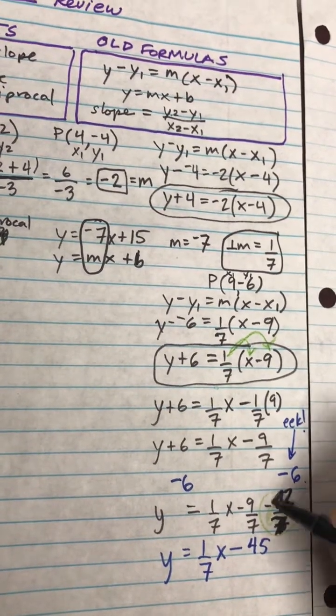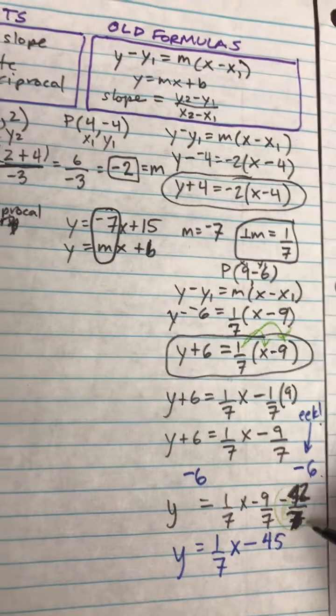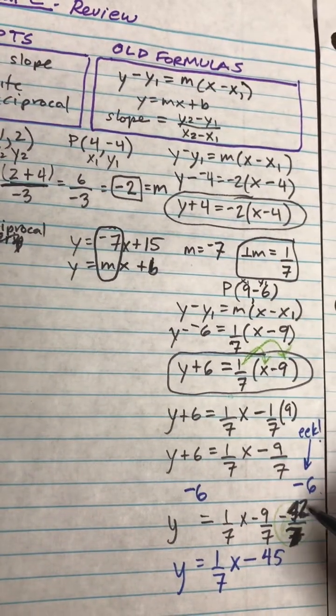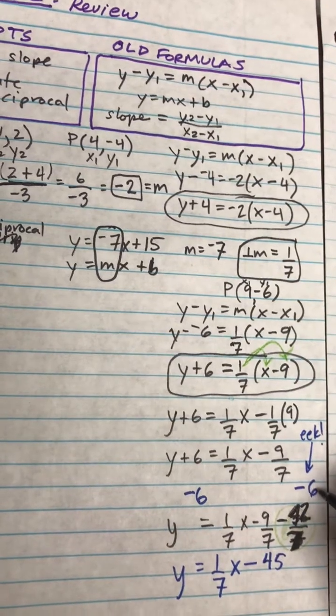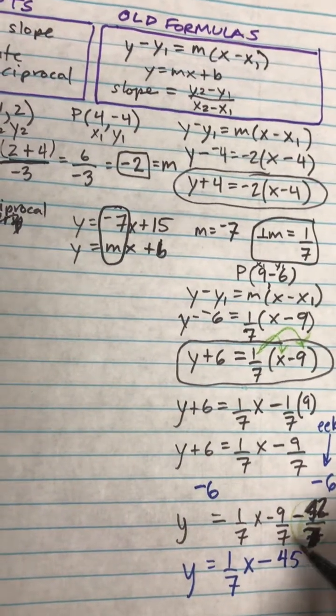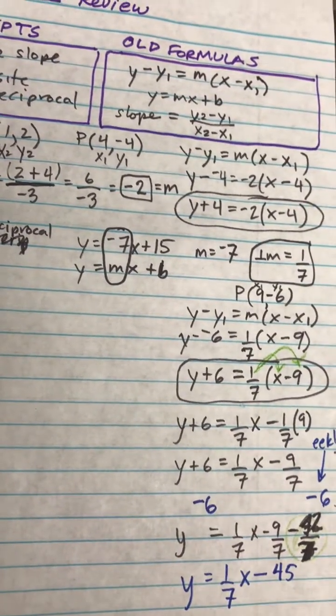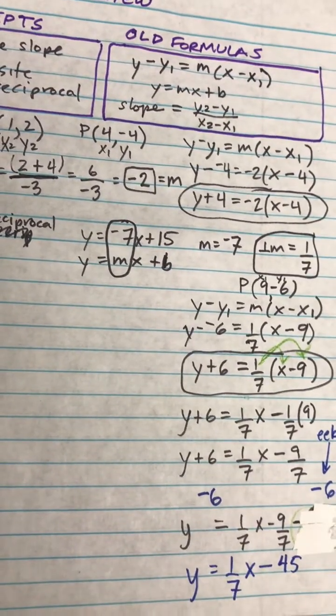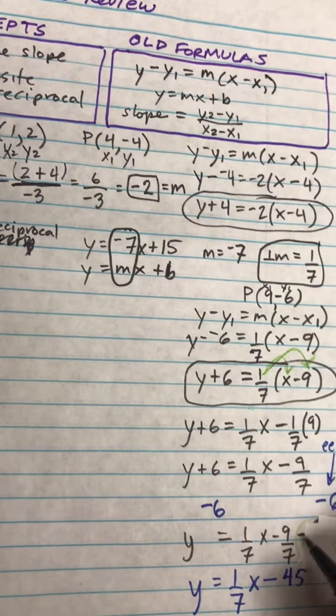Sorry about that. All right. So the number negative 42 over 7 is the number negative 6, and now I have denominators that are alike. So let me fix that. Really made a mistake there.